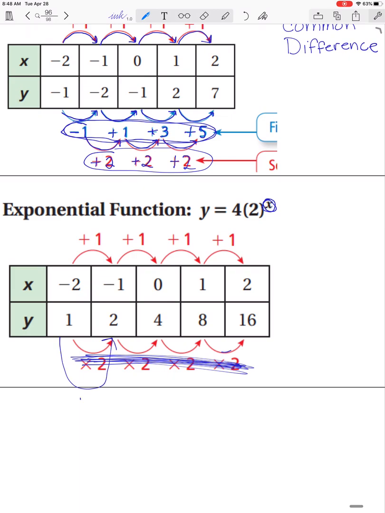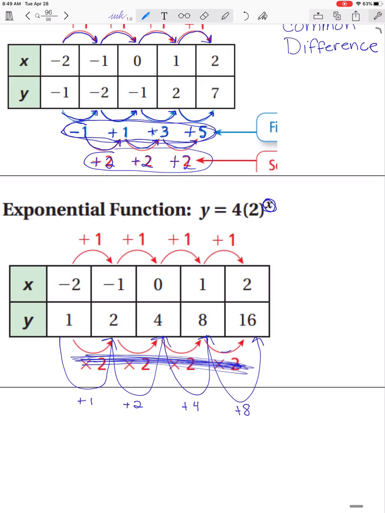I added 1. How did I go from 2 to 4? I added 2. How did I go from 4 to 8? I added 4. How did I go from 8 to 16? I added 8. Well, you can see that there's no first common difference there because it doesn't go up the same throughout.